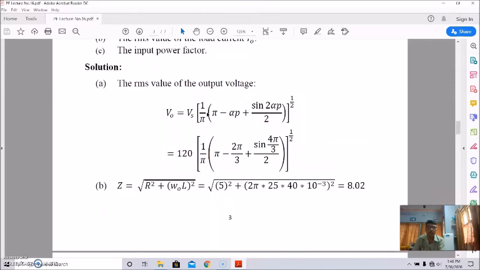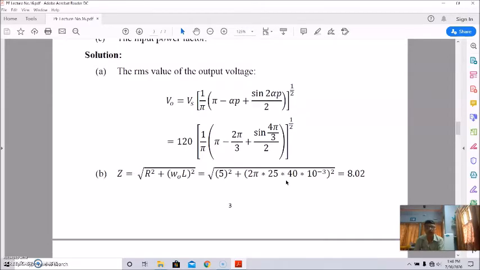So if output frequency is 25 and L is 40 millihenry, 40 into 10 to the minus 3, then the impedance is the square root of R squared plus omega naught L squared. Calculate this value and you will get 8.02 ohm. This is the impedance of the load.